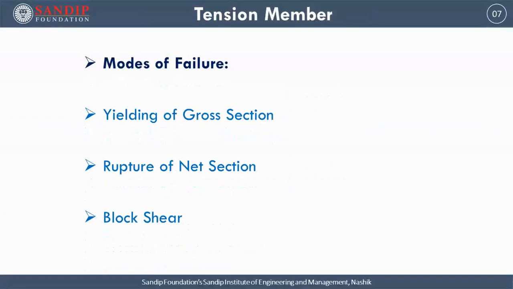Now if you have to design a tension member, first you should know its behavior, how it is going to fail. Then only you can avoid that failure. Practically speaking, when you are a designer going for the design of any structural member, you should be in a position to first see in what way it is going to fail.